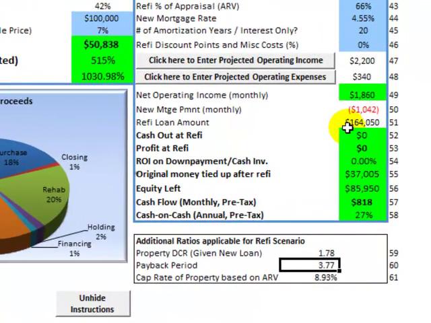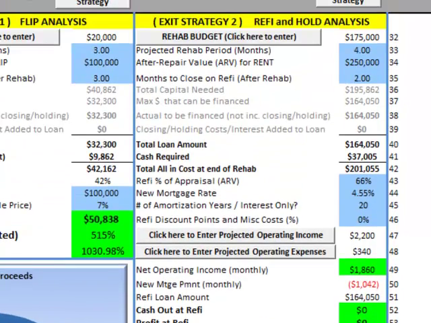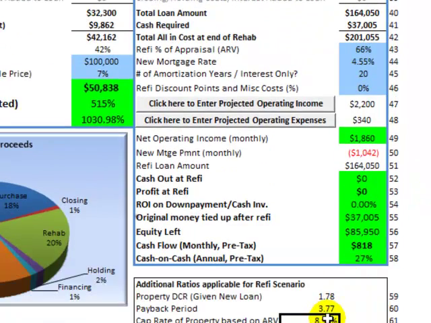This tells me 3.77 years to get my $37,000 out of this deal with cash flow. And capitalization rate based on after repair value is pretty good as well. And based on cost, it's even less.